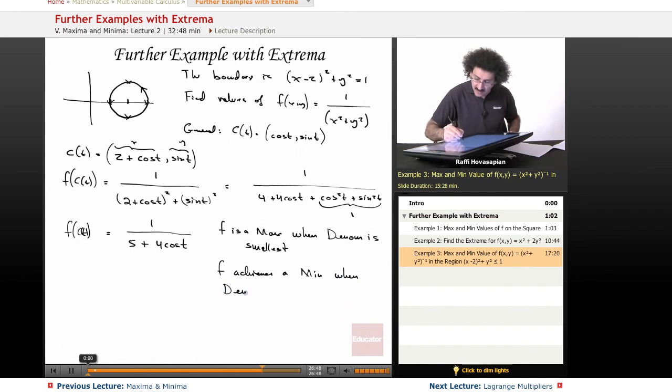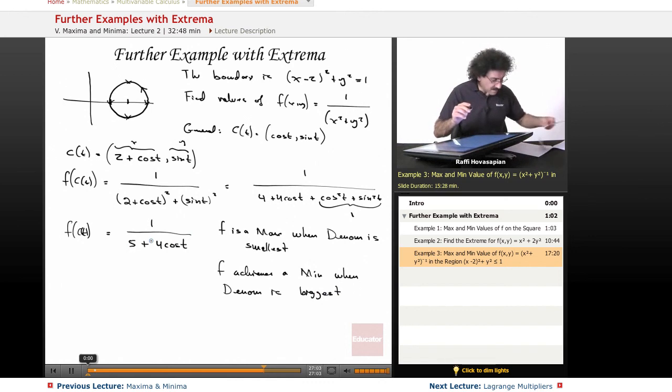When the denominator is biggest, right? This is the function. Big denominator, small value. Small denominator, big value. That's what's going on here. Okay, so now let's go ahead and find what this is. Well, what do we know about cosine of t? Well, the cosine of t has its biggest value of 1 and its smallest value at -1.